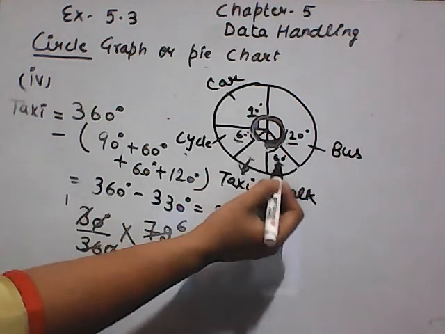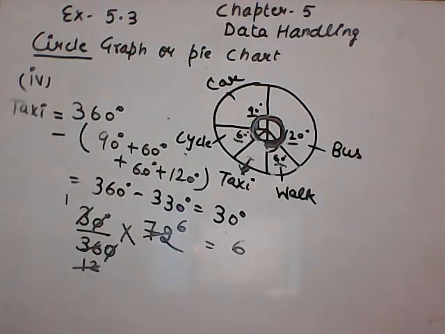Here 60 and 60 are equal. So by observing the pie chart, cycle and walk are the two modes of transport with an equal number of children traveling, because their central angle is the same, 60 degrees.